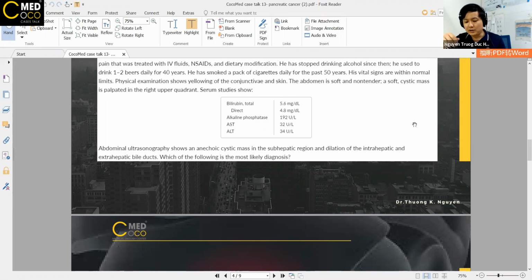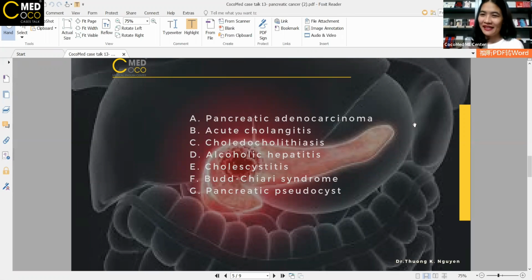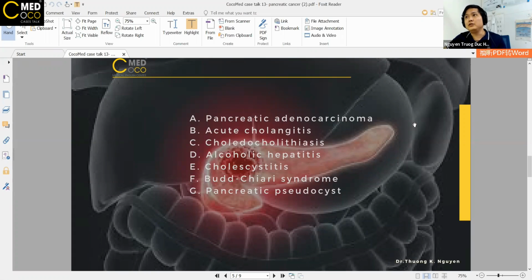So all of them make me think about obstruction of the bile duct, the hepatic bile duct. Yeah. And one more thing, AST and ALT are normal. So I don't think the reason is from hepatitis.